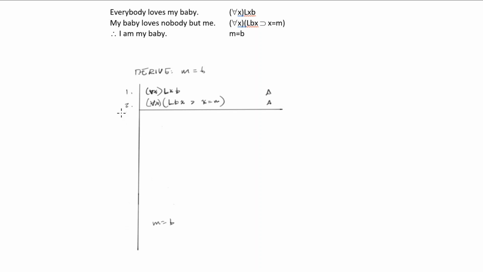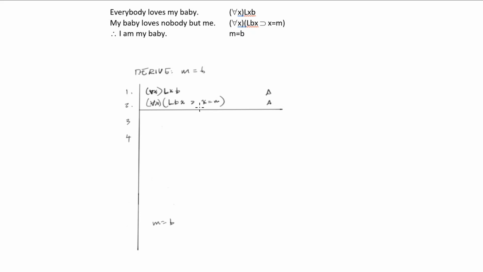The way we're going to do this is by beginning with two applications of universal elimination. Look at the position of these two terms following the two-place predicate L. We see in the first premise LXB. The second one is LBX.